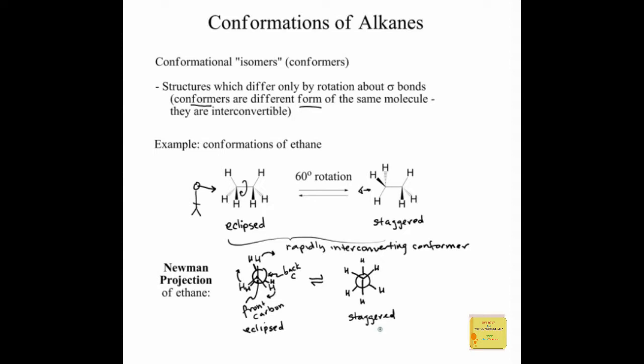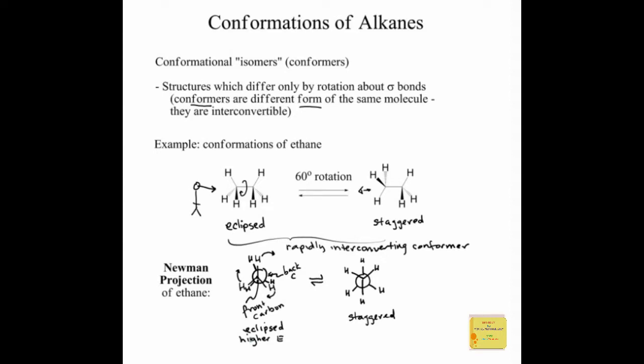Now, are these conformations equal in energy? They're not. The eclipsed conformation is higher in energy. It is less stable because of the interactions between the electrons in the CH bonds in the front and the CH bonds in the back being perfectly aligned. We get some interactions there.